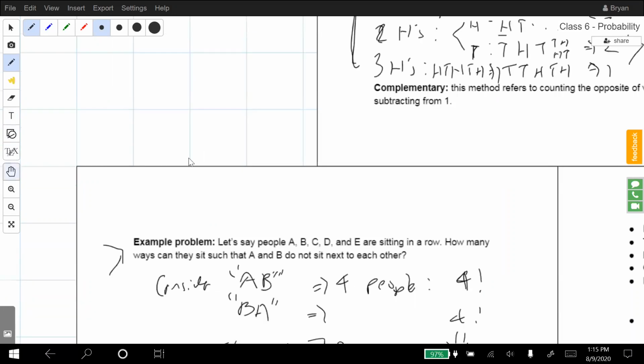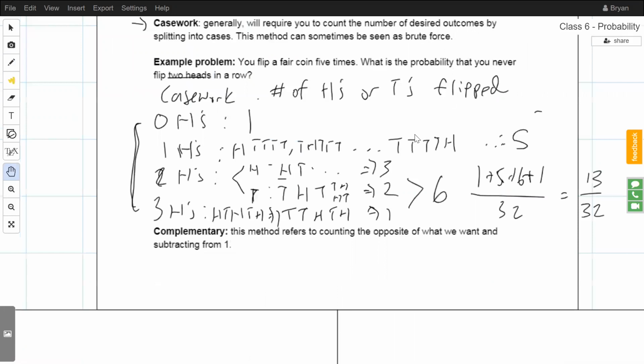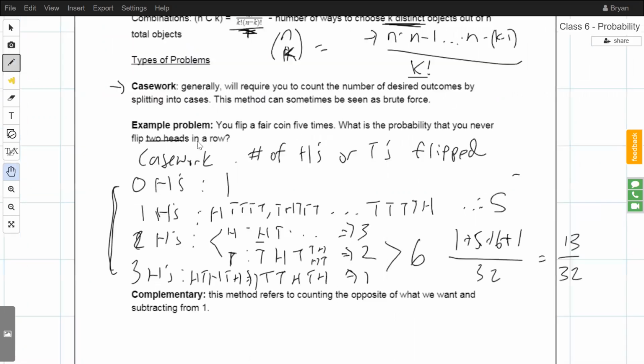And going back to here, it was suggested that you could use complementary counting in this problem, and that is true. You could find the number of ways that you have 2 heads in a row, but what makes it so difficult is that you have to use cases where you have 3 heads in a row, and you can have a lot of overcounting when you consider a case like this.